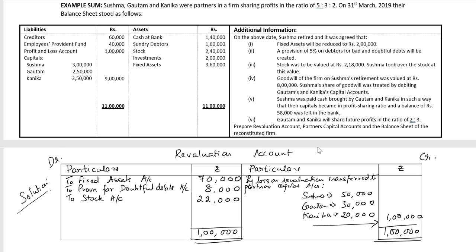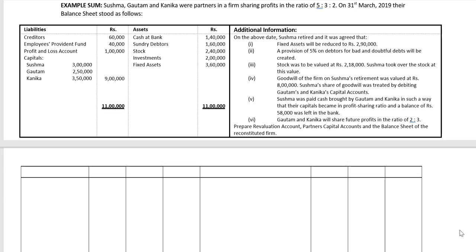So this is a revaluation account. Next, we'll prepare the partners' capital accounts. Partners' capital accounts. Left side debit, right side credit. Particulars.